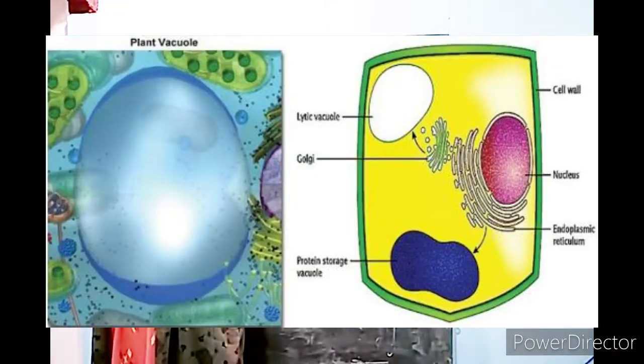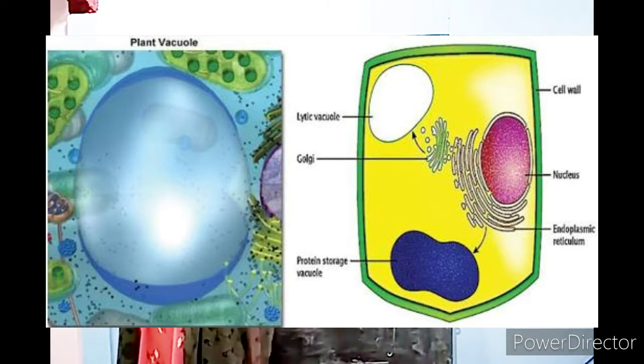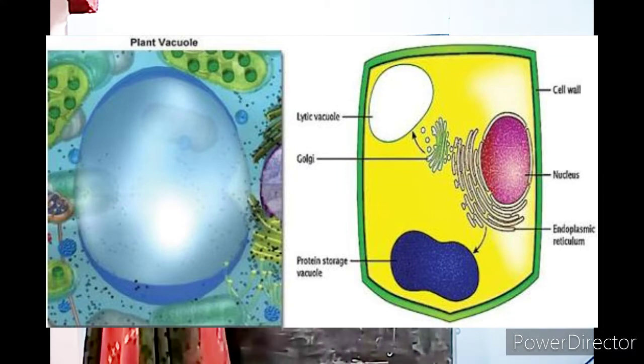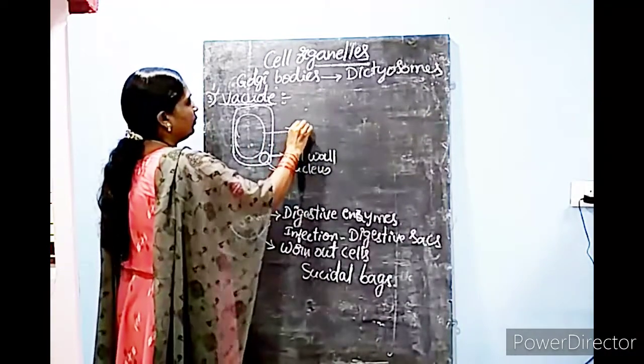For example, we'll see a plant cell. This is the cell wall, only present in plant cell. And this is the vacuole.